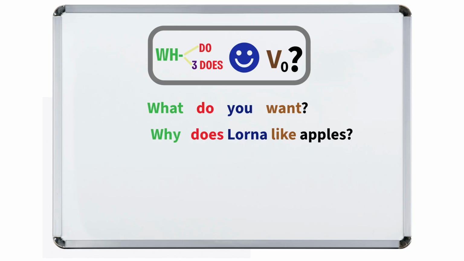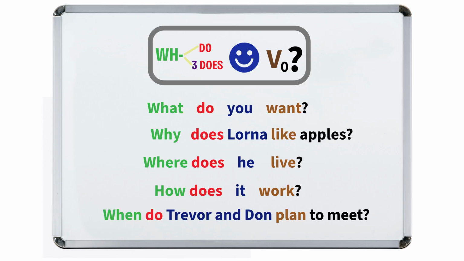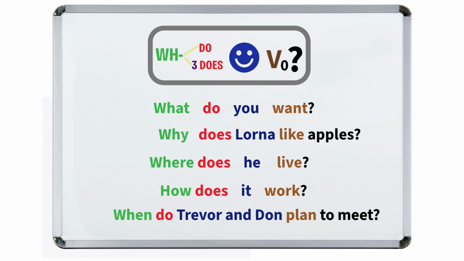What do you want? Why does Lorna like apples? Where does he live? How does it work? When do Trevor and Dawn plan to meet?